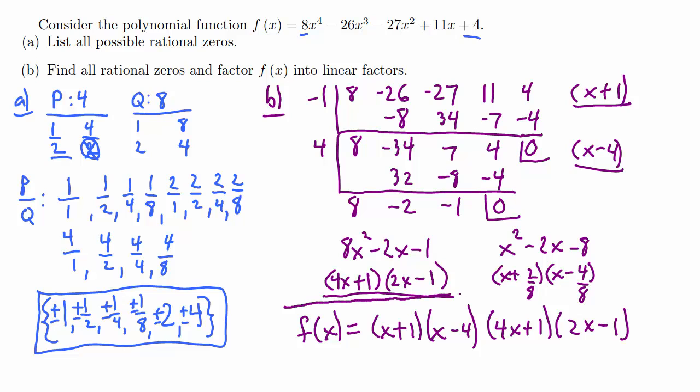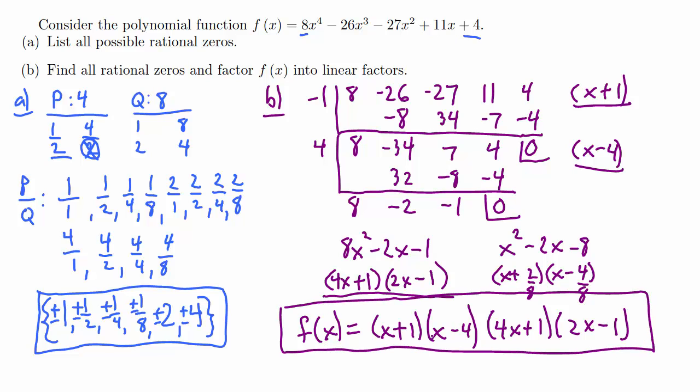And that is the factorization. Now notice that each of these is linear, and we've actually done what it asked, the linear factors. Alrighty, fantastic. Well, I will see you all next time. Have fun.